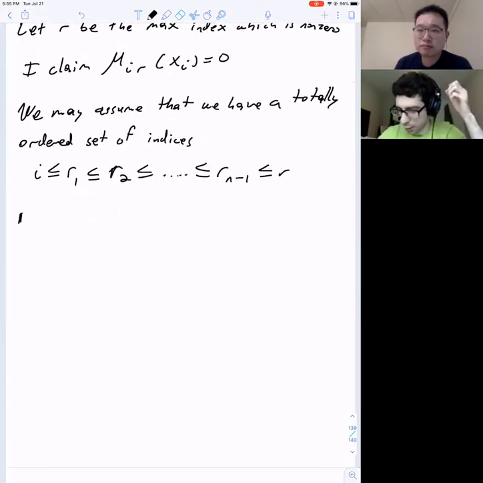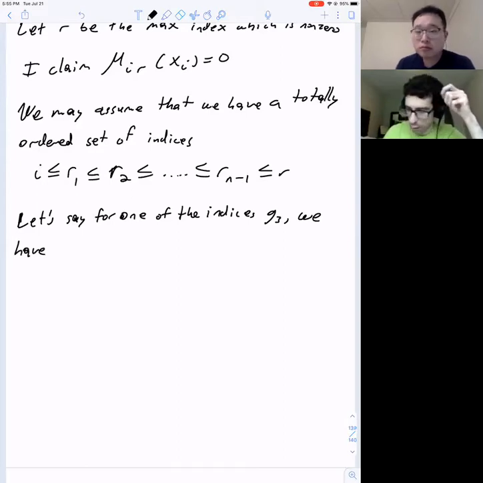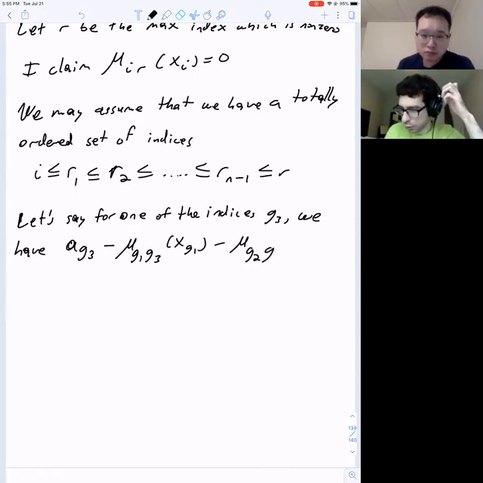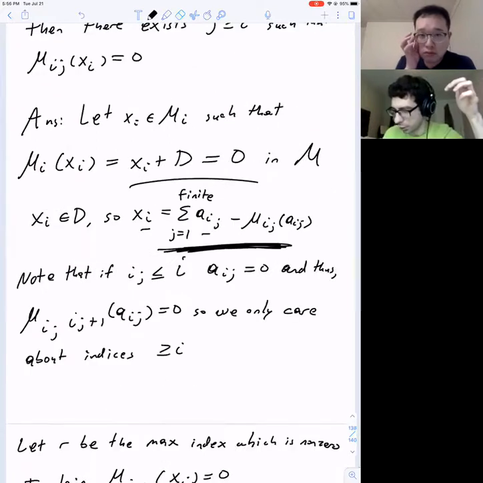Let's say for one of the indices, I say G3, we have A G3 minus mu G1, G3 of X G1 minus mu G2 G3 X G2. Imagine this piece comes out of the decomposition up here.